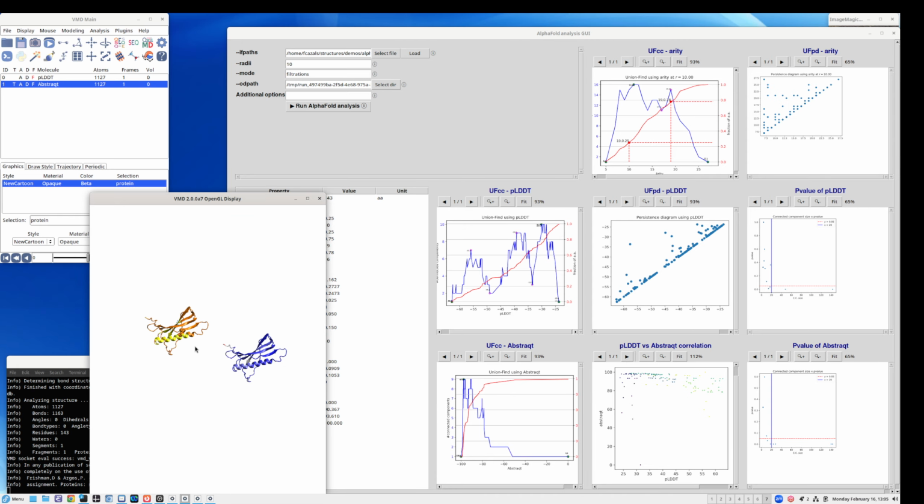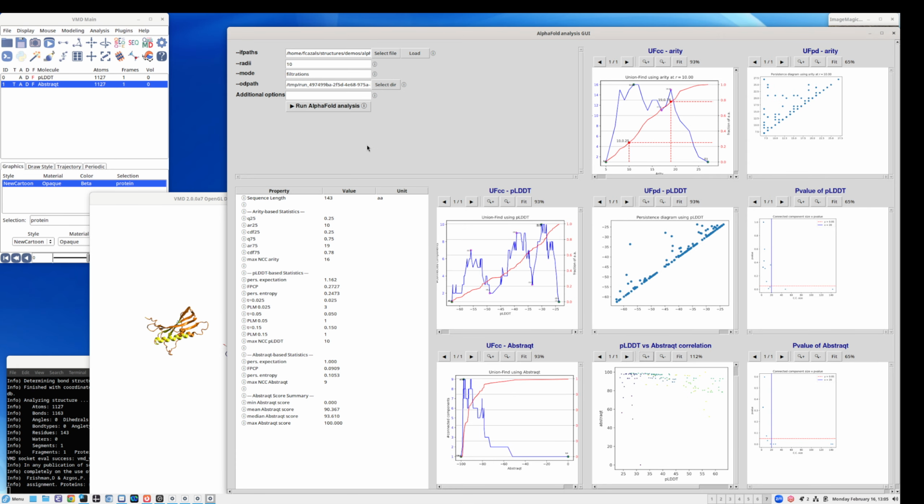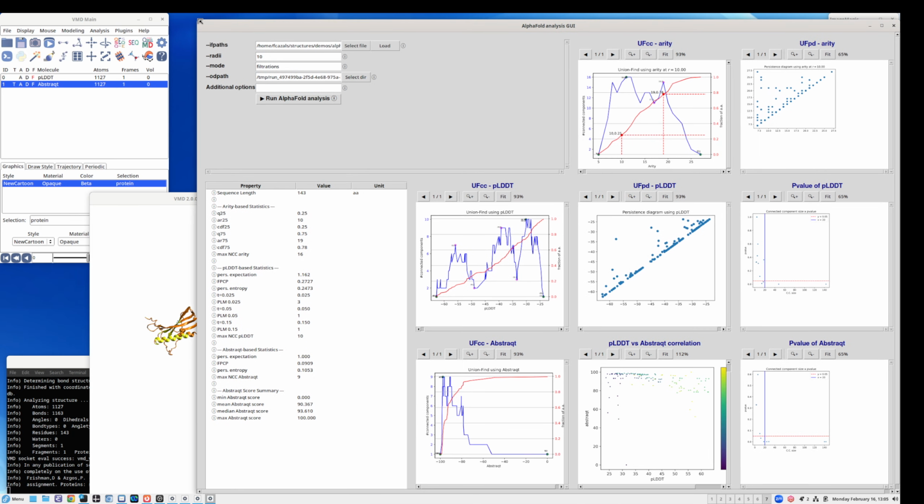All right, so this is what I wanted to show you here. So at a glance, you get interesting plots providing novel pieces of information about the coherence of pLDDT values on the one hand, and also an overall assessment of the fold of the entire structure.